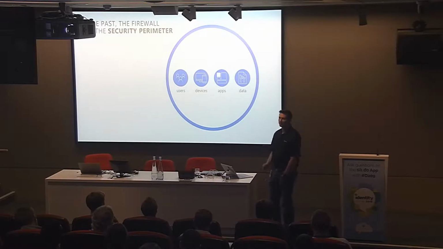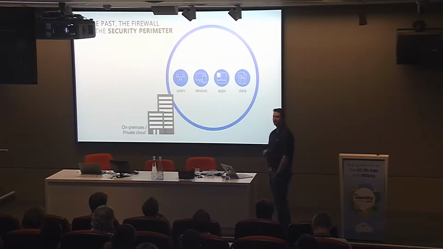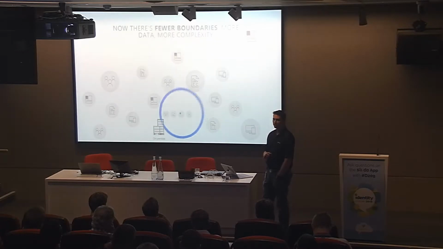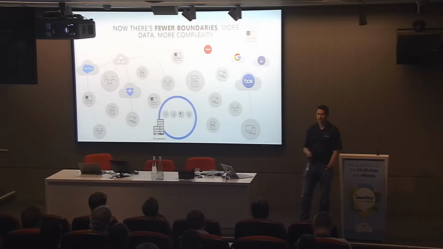This is a very popular slide. It was in Brandon's slide deck. If you've been to any Microsoft presentation in the last 2 years, it pops up a lot. I've only really got it in here for the simple focus of this blue ring around the perimeter. If we think historically, this was where a lot of our security effort was in trying to protect our data. It was this single perimeter around everything. But that's not where we are today. The boundaries have kind of gone. Users aren't just working on a desktop in an office.